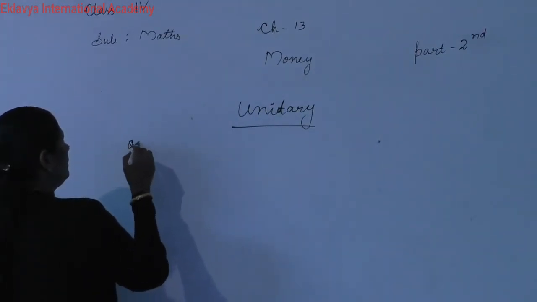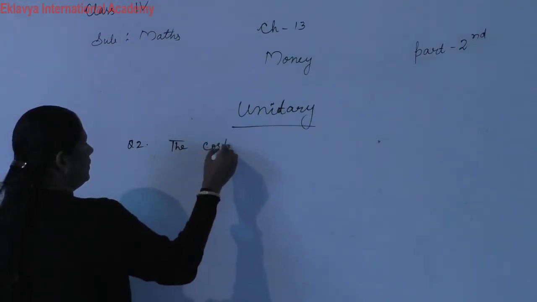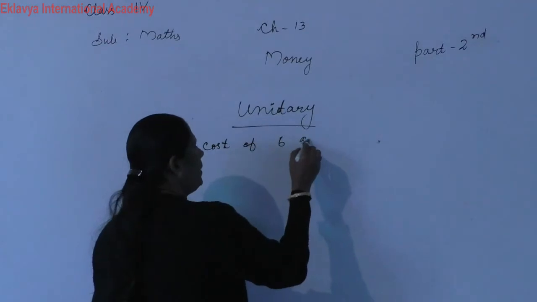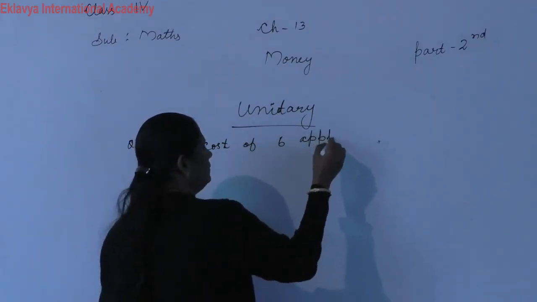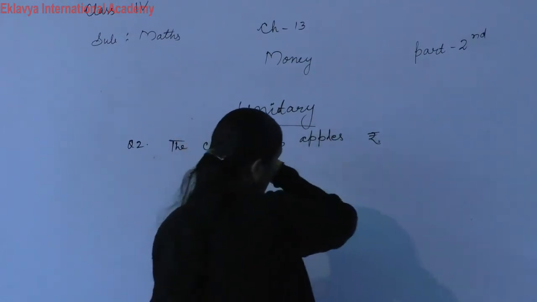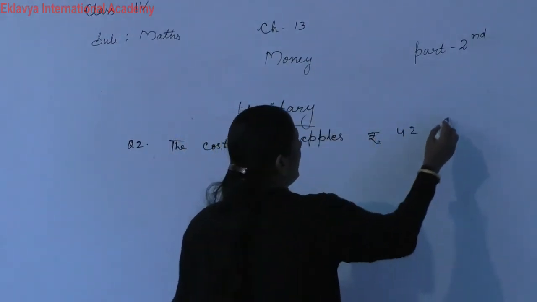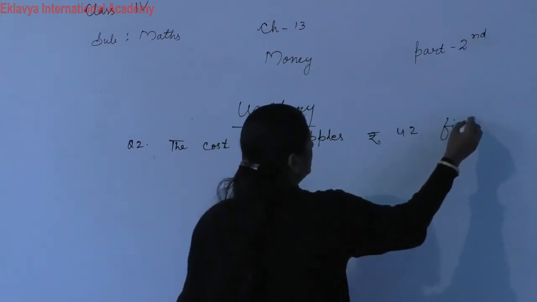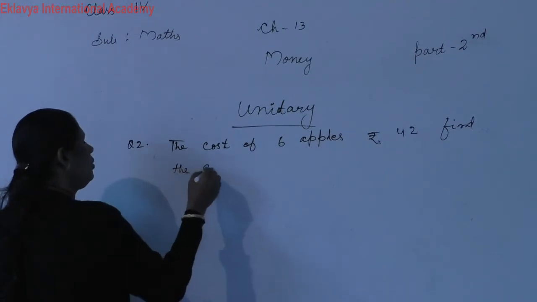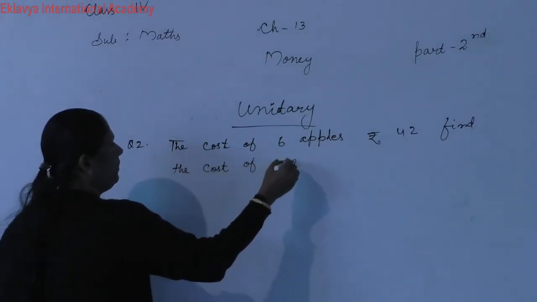Another question. Second question: the cost of 6 apples is rupees 42. Find the cost of 1 apple.